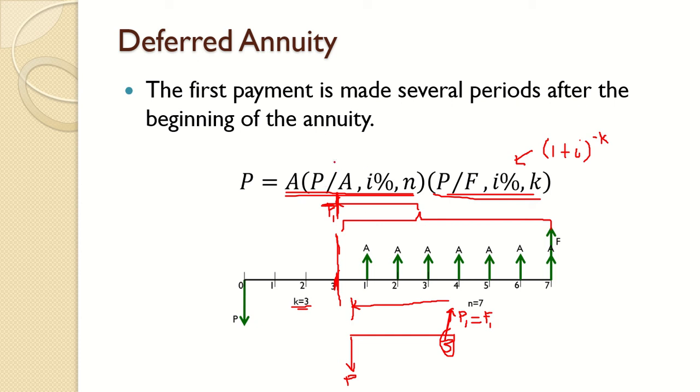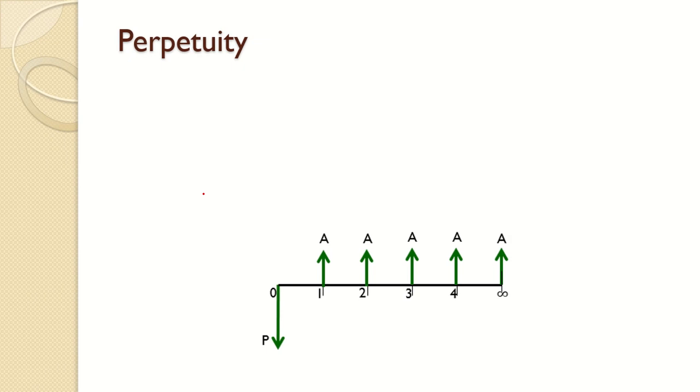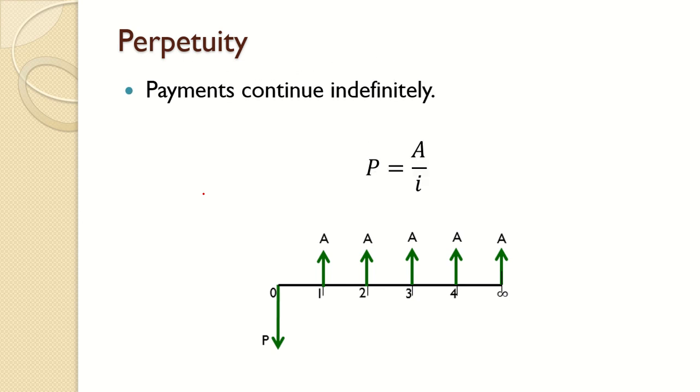So recall this kaniha. Okay, again, I have told you earlier that the simplest, the easiest nga type of annuity is perpetuity, because we can solve it only using this equation. That's A over i. This is actually derived from ordinary annuity. Now you can try to solve it.